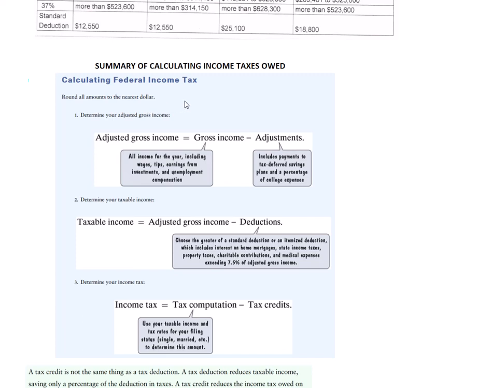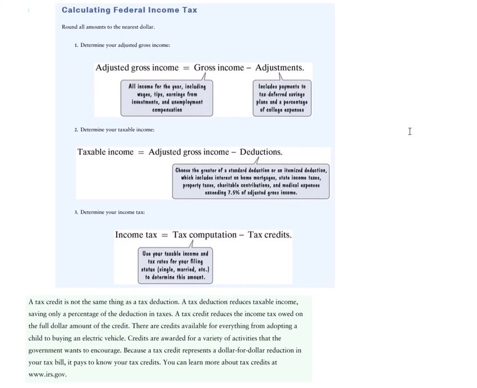All right. Calculating your federal income tax. You start with your gross income. It lists what kinds of things go in there. You subtract off your adjustments. It lists what kinds of things go in there. And you subtract to get your adjusted gross income. Then to get your taxable income, you take your adjusted gross income and subtract deductions, either itemized or standard.